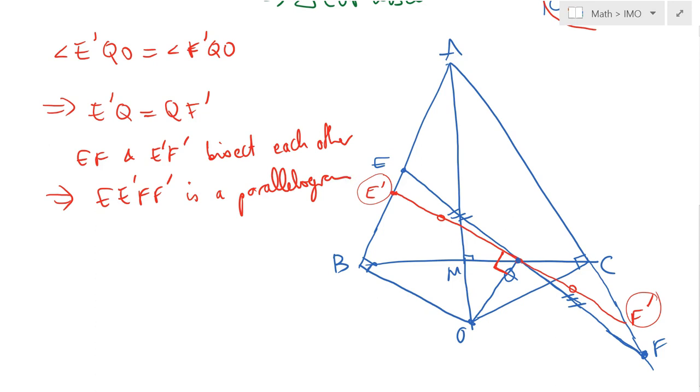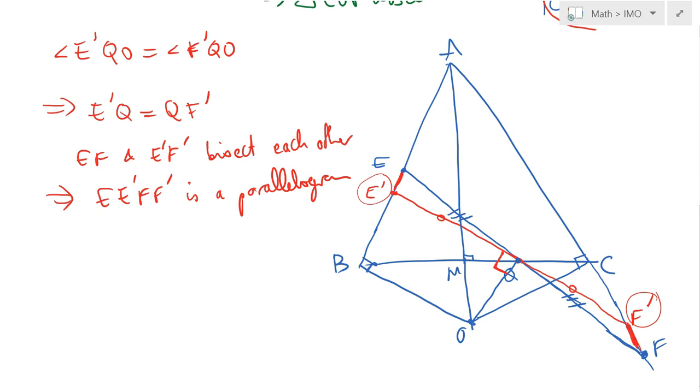But that can't be the case, because we already know that EE prime is a line segment on the larger line AB, and FF prime is a line segment on the larger line AC.